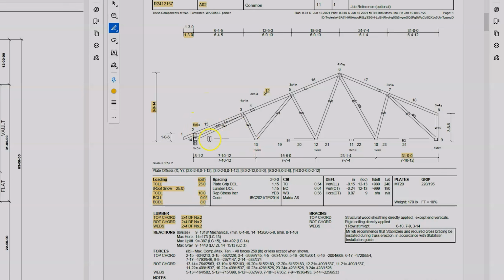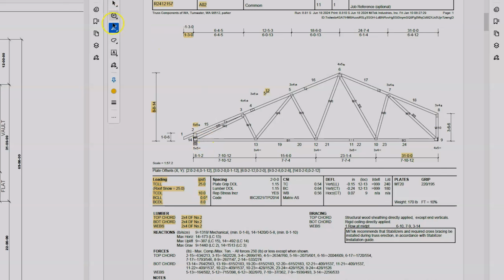So this indicates that at the top of the heel of the truss, this is going to be a 5-inch by 5-inch plate, and the teeth are going to be orientated vertically. So we've got the plate information. If this was a multi-ply truss, we would have some notes about how it's going to be fastened together as well. And additionally, and this is very important, we see what our bearing points are on the truss.